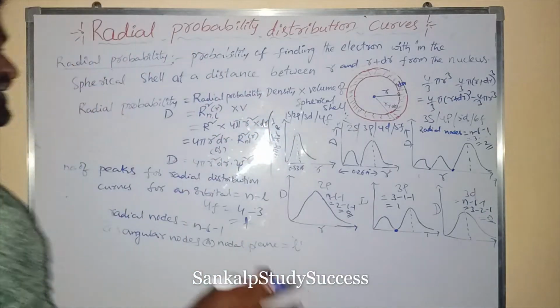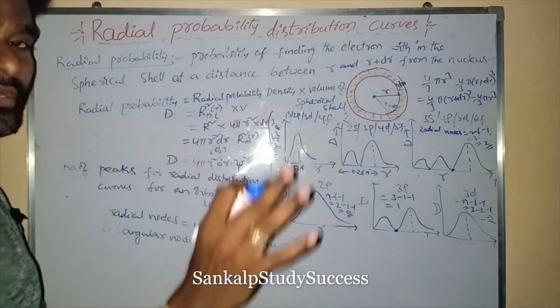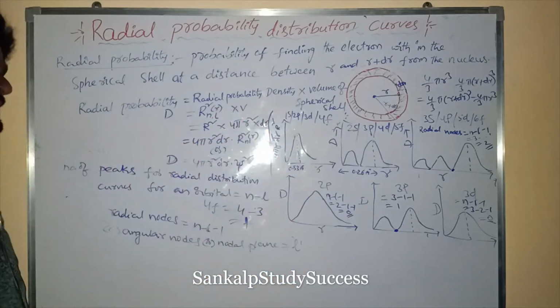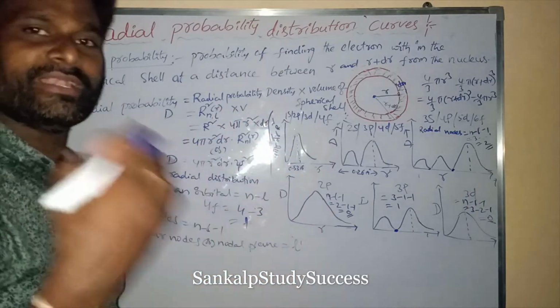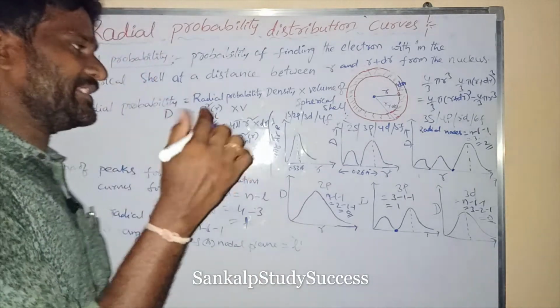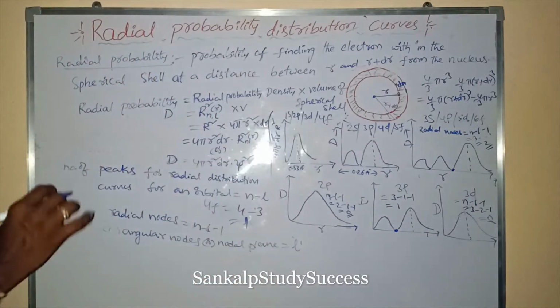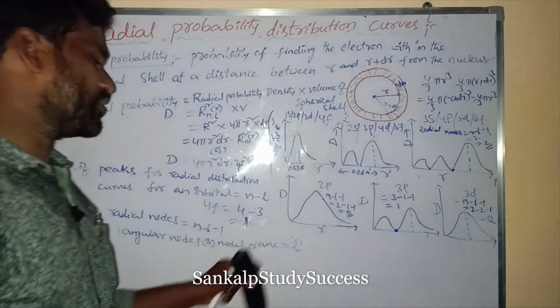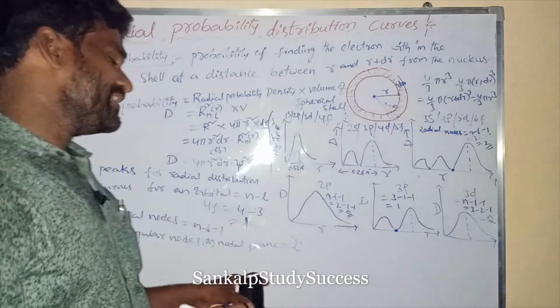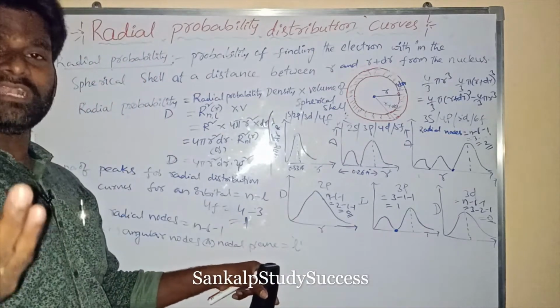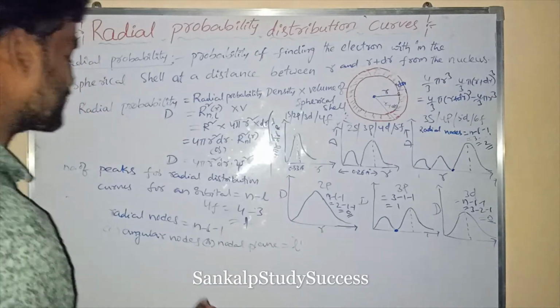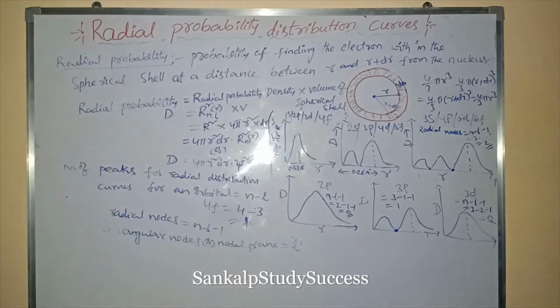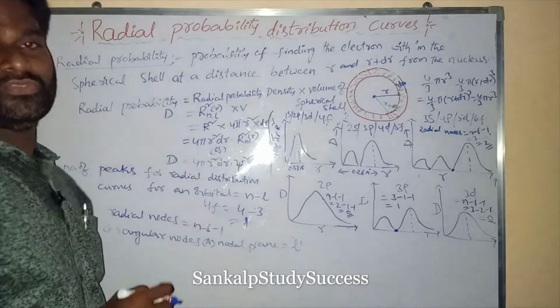That means its angular nodes are 0. For any s orbital, 1s, 2s, 3s, 4s, there are 0 angular nodes or 0 nodal planes. Why? What is the l value? For an s orbital the l value is 0, so angular nodes or nodal planes is equal to 0.